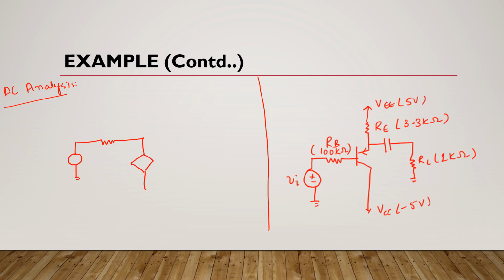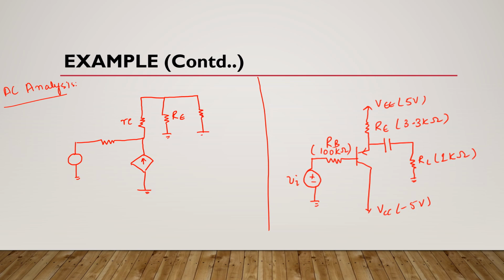The arrow is here, and here we have RE, here we have this RE, and we know that for AC analysis capacitor is short circuited and all DC sources are grounded.